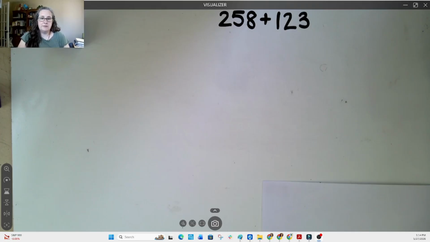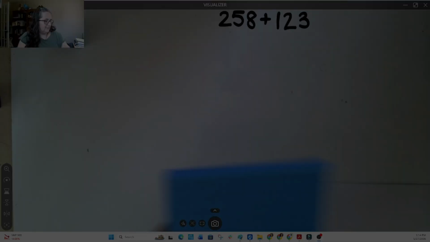Let's look at a problem with larger numbers, more place value units, and this one also involves composing a new unit. Because the numbers are larger, we're not going to use cubes this time because modeling hundreds of cubes is pretty challenging, but we can use our base 10 blocks.